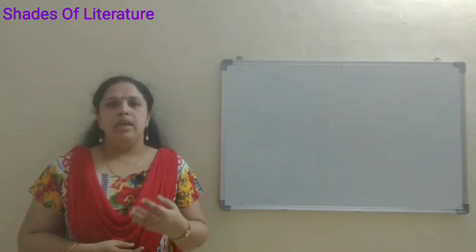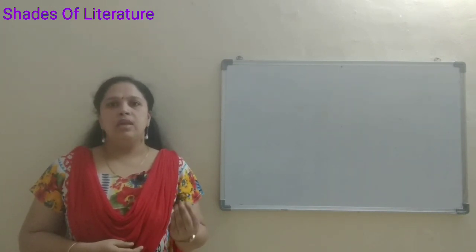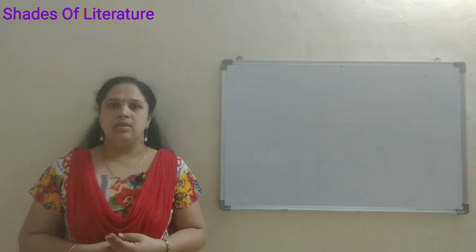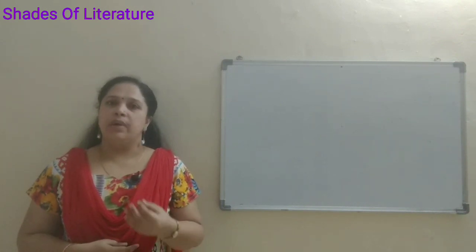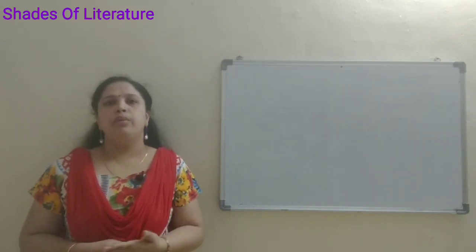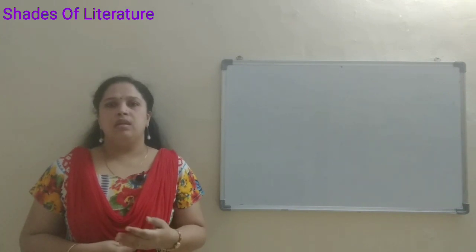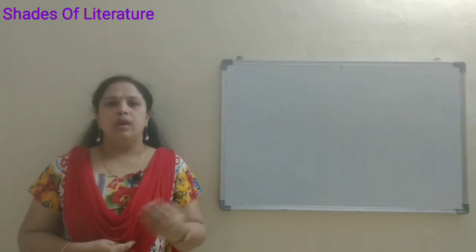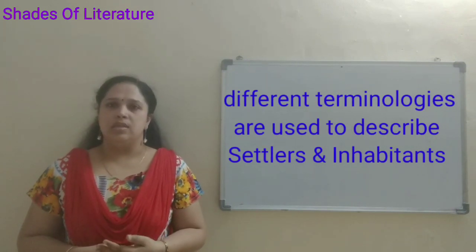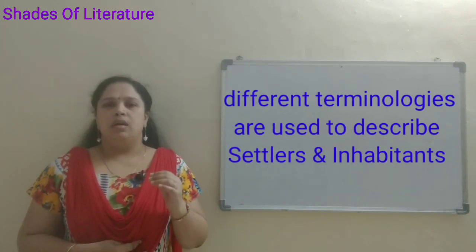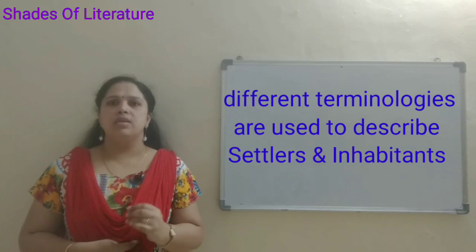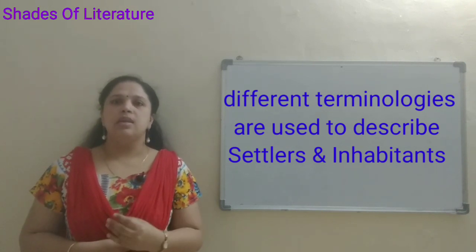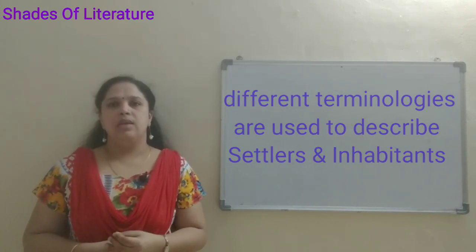Now these settlers and inhabitants are addressed by different terms. Whenever you read any literary narrative or any text for that matter, you will come across different terminologies which we use to address these settlers as well as inhabitants or the natives.